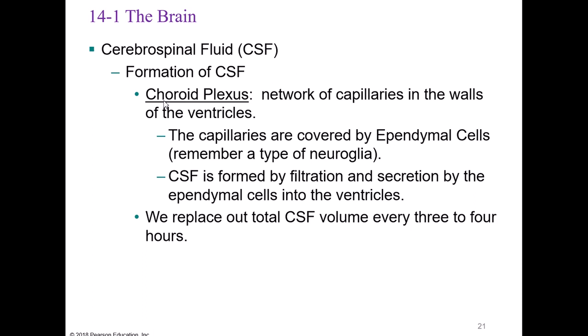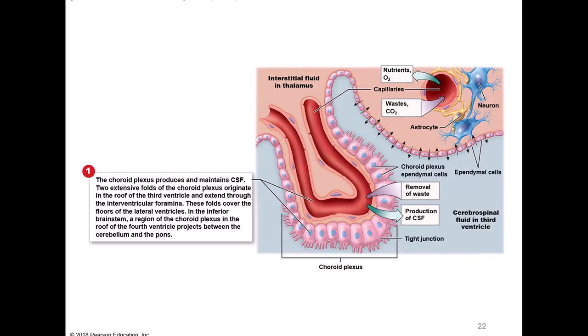The choroid plexus are in close association with a neuroglia known as the ependymal cells. It's these two structures, the choroid plexus capillaries and the ependymal cells, that are going to make the cerebrospinal fluid.